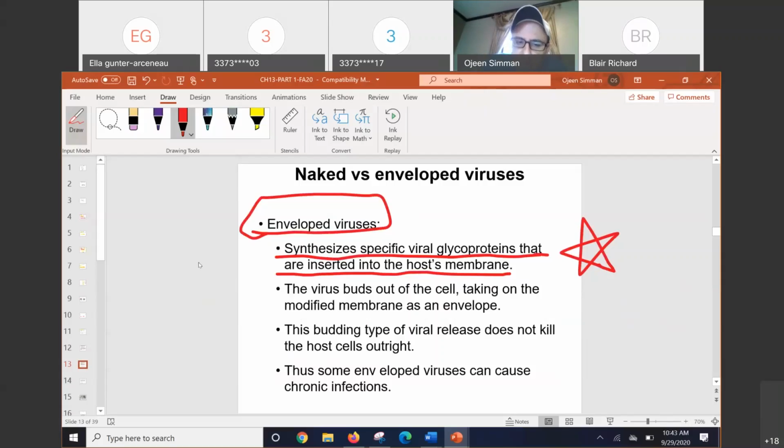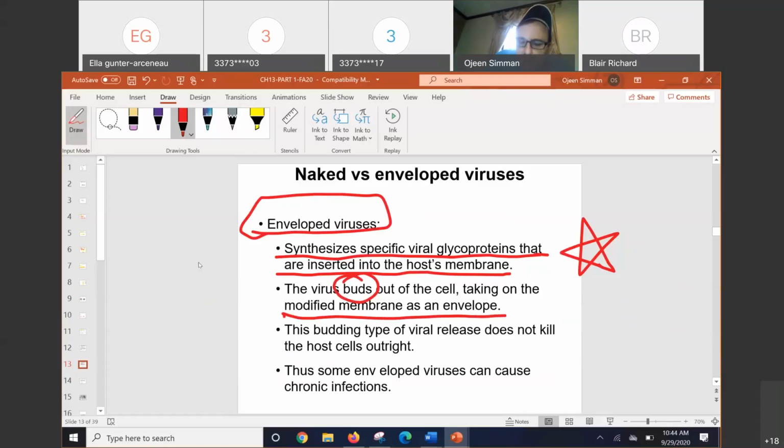These glycoproteins are the spikes. When an enveloped virus exits a host cell, it buds out of the host cell, and during that budding process, it takes on a modified membrane as its envelope.